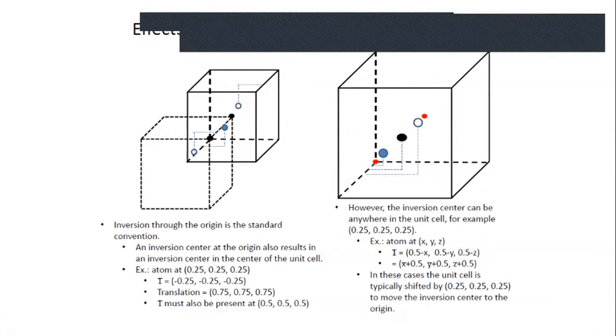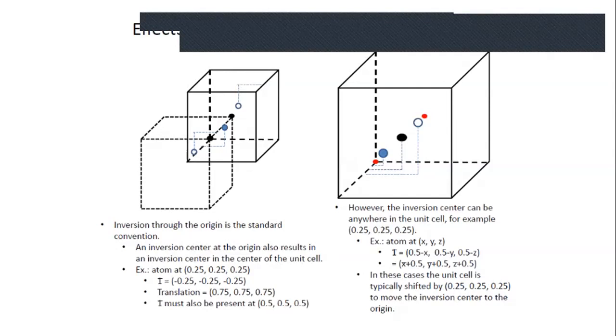But since these are all negative coordinates, if we translate by 3/4 in each direction, that tells us there also must be an inversion center at 0.5, 0.5, and 0.5. So again, this is replicated throughout the unit cell. So that's if it's at the origin. If it's not at the origin, you can have different types of inversion centers.